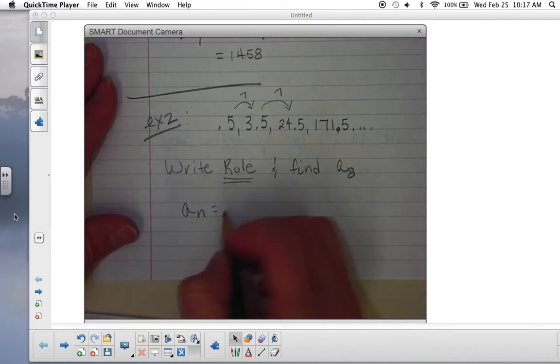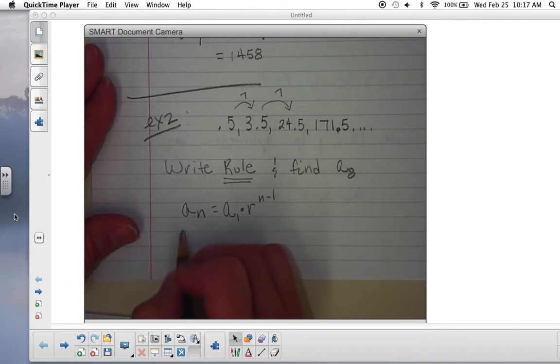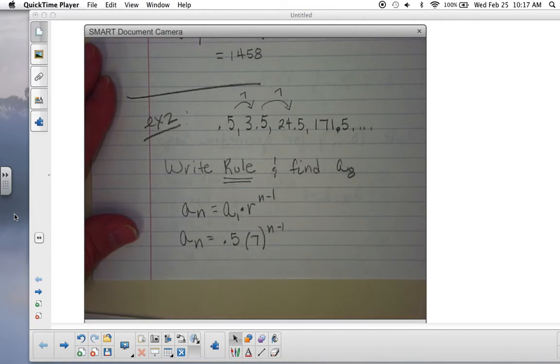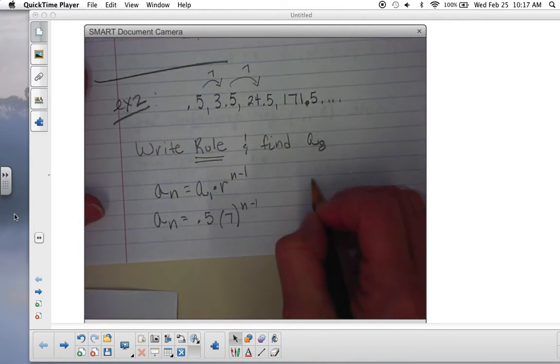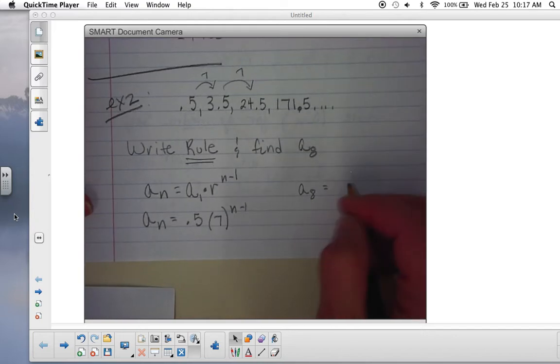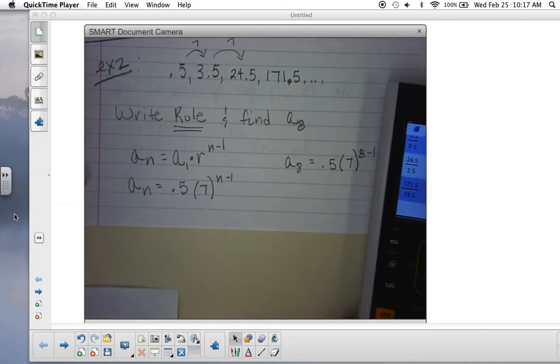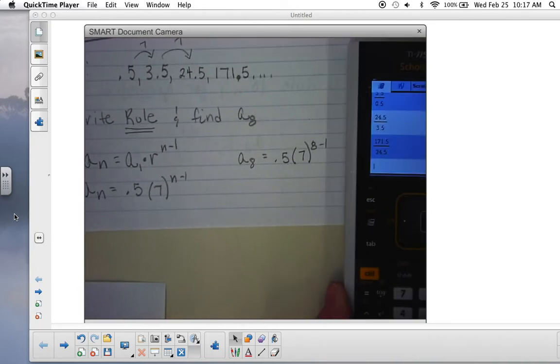The rule is another way for them to ask for a sub n. So the formula is a sub n equals a1 times r to the n minus 1. So my rule is going to be 0.5 times 7 to the n minus 1. And that's just it, finished. For a sub 8 now, to evaluate that, you would do 0.5 times 7 to the 8 minus 1. And again, I would not try to do the PEMDAS or figure this out by hand.